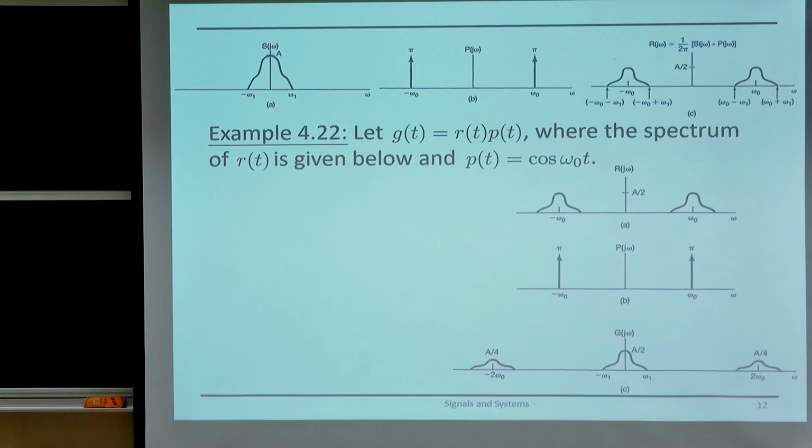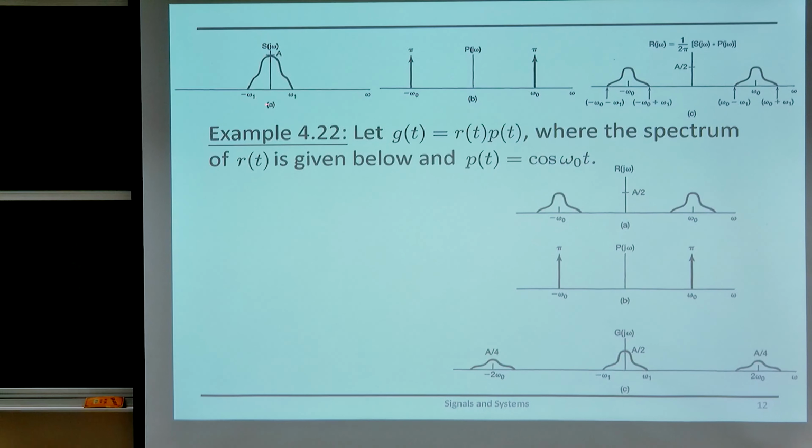Here is an illustration of what's happening. Suppose that this is the spectrum, the frequency domain, of the signal s. You can think of this as your voice signal, the signal for your voice when you talk on the phone.